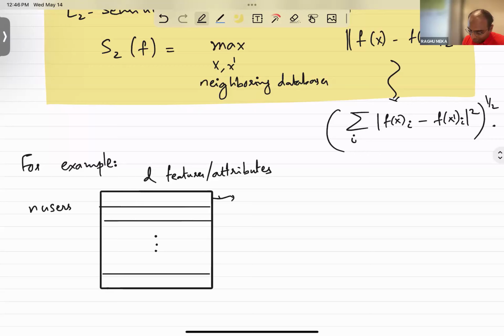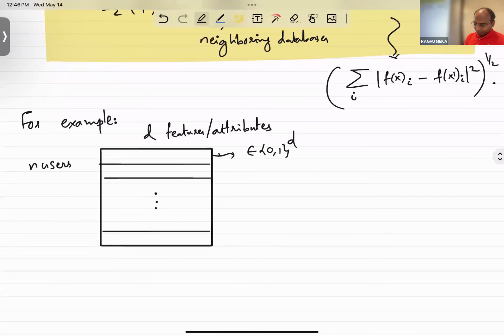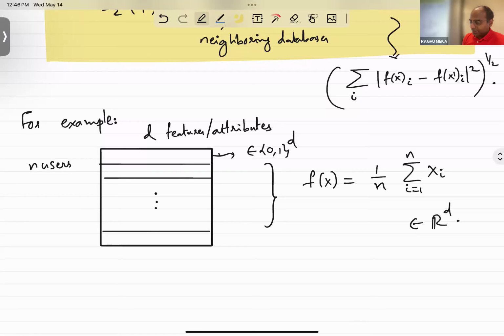Or it could just be some indicator. Let's simplify it even and say each one is just an indicator of whether or not that person has, let's say, diabetes or something else. And let's say I'm just interested in computing the average across these databases. But this is a d-dimensional vector. What's the sensitivity of this function?